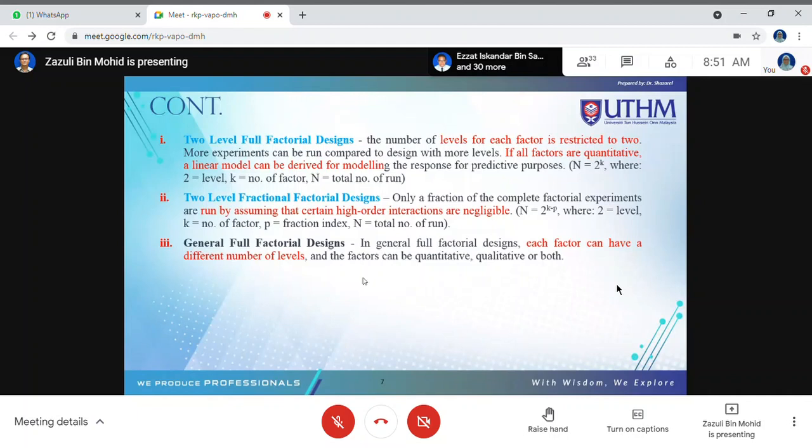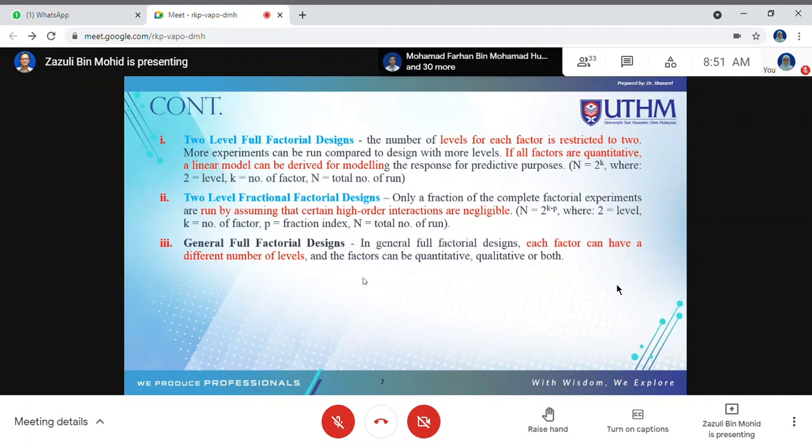So sometimes when we conduct an experiment, we have two parameters, maybe three parameters. For example, let's say we have three parameters. Each parameter has different values.